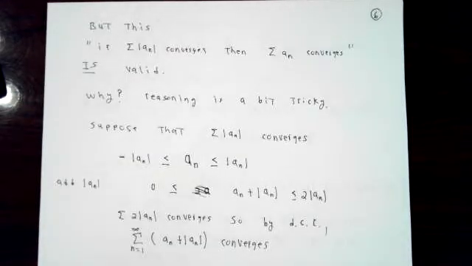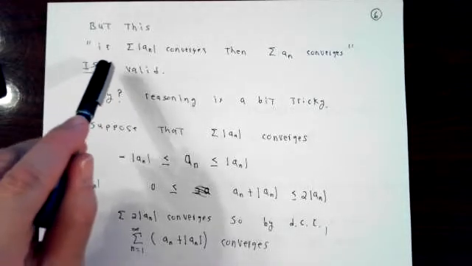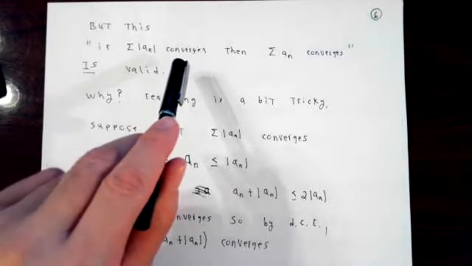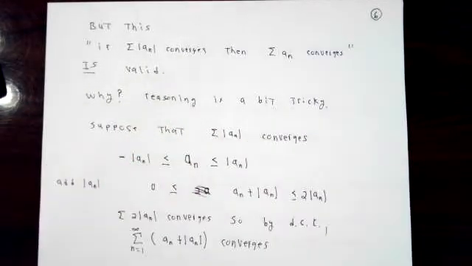But there is something you can say. This statement, if the absolute value version of the series converges, then the original series converges as well. It's going to turn out that that is a valid line of reasoning.